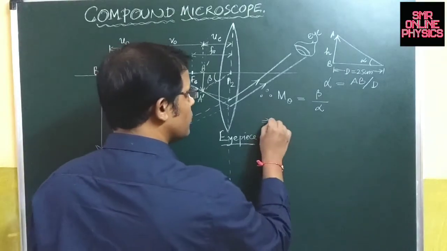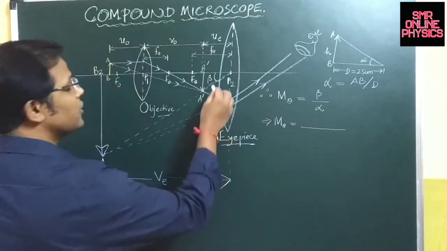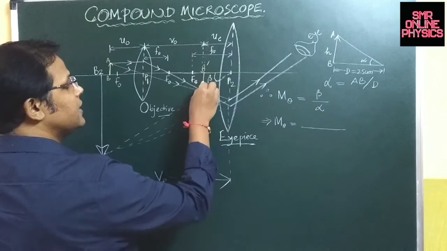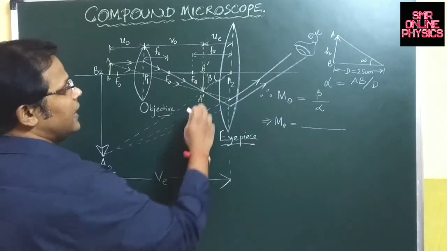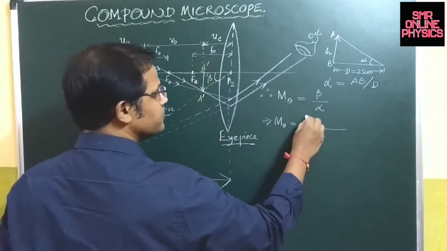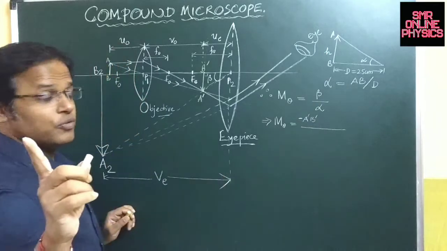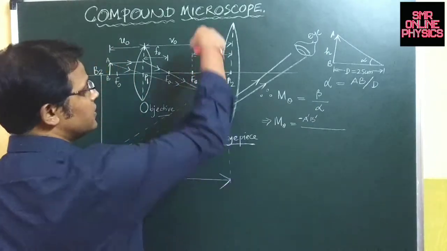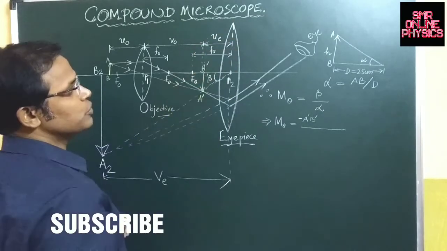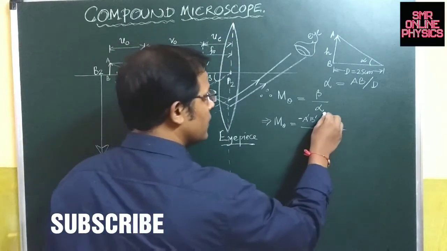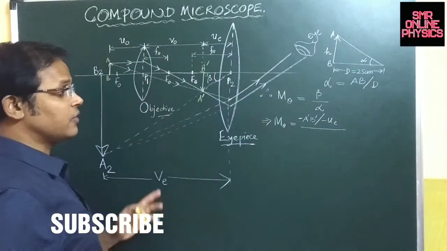So let us put in what we exactly know. M theta is equal to beta, you observe closely, this tiny triangle. So I can say the ratio is A dash B dash, A dash B dash, minus sign. Don't forget the sign convention, that's the tricky part. Upside down image by this base is equal to UE, okay? That is minus UE because the object is on the left hand side for this lens.